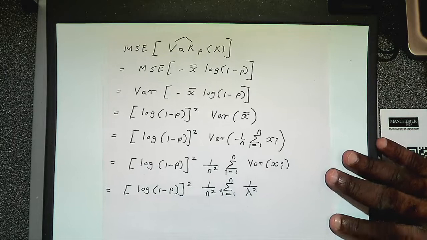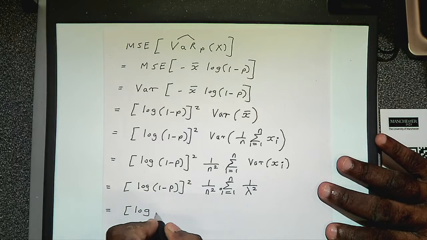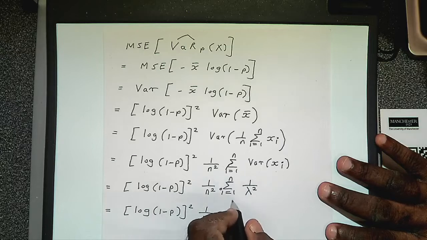So this becomes... 1 over lambda squared is a constant with respect to i.